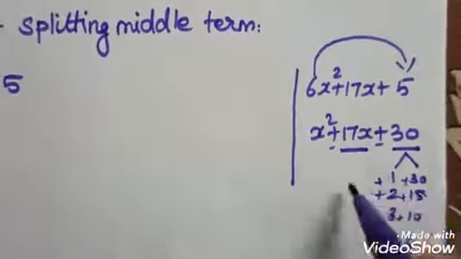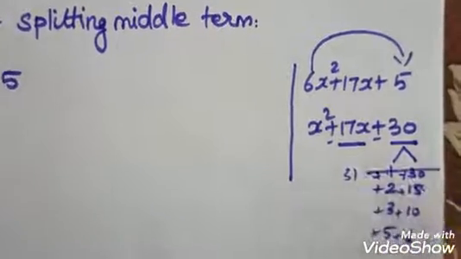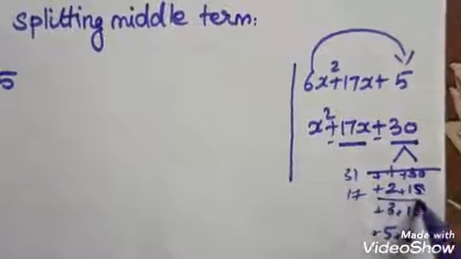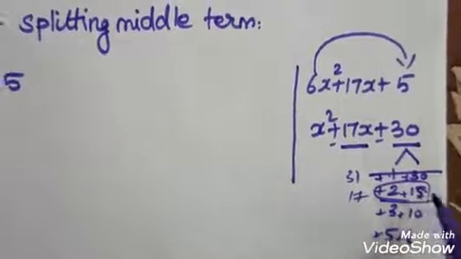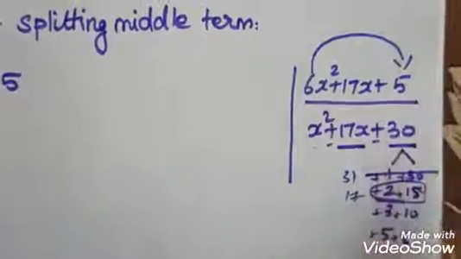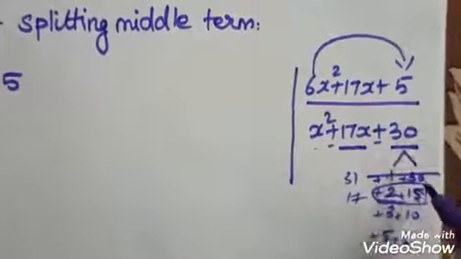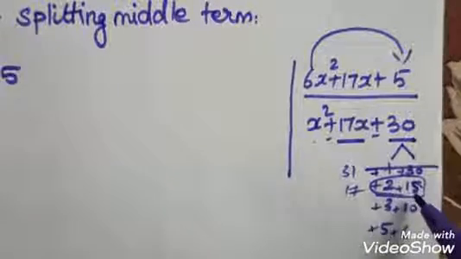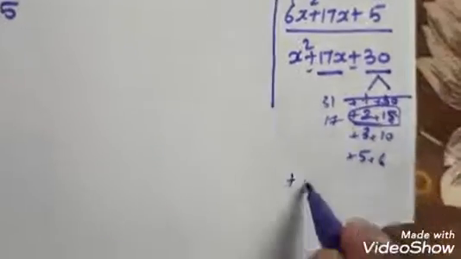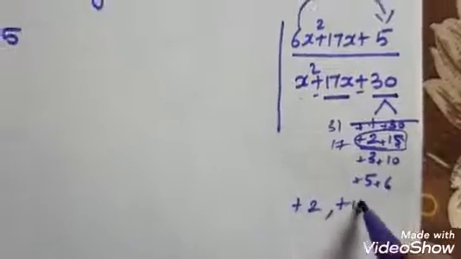Here 30 plus 1 is 31, so this is impossible. 15 plus 2 is 17. So 2 and 15 are the correct factors for this expression: by product we get 30 and by adding these two factors we get 17. So the factors are plus 2, plus 15.